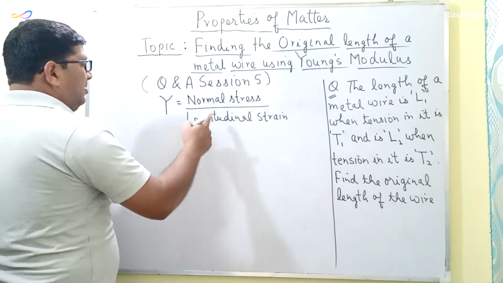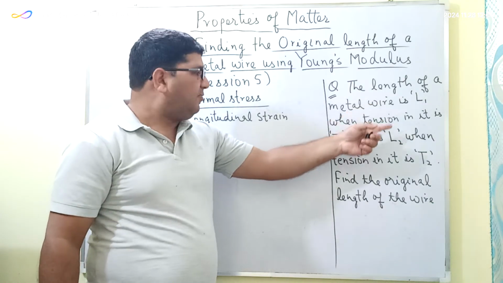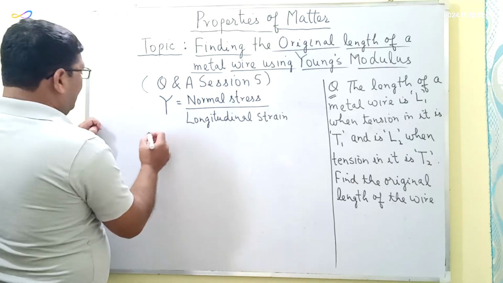So, in the first case, the length of the metal wire is L1 when the tension in it is T1.